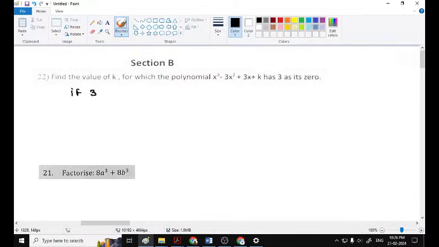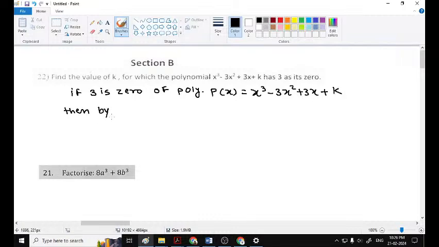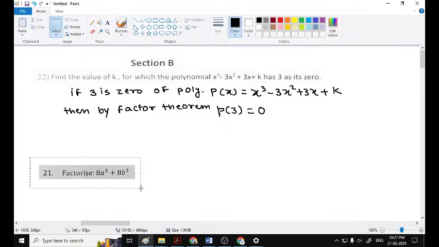If 3 is a zero of polynomial p(x), which is equal to x cube minus 3x square plus 3x plus k, then by factor theorem p of 3 is equal to 0.